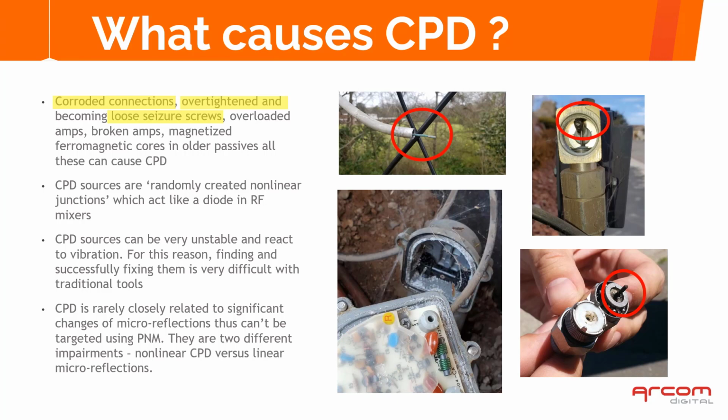And when connections are loose, it is obvious that CPD can be intermittent. The CPD level can vary during the day depending on temperatures, forward signal fluctuations, or vibration, and that can damage the nonlinear junction that is causing this CPD effect.